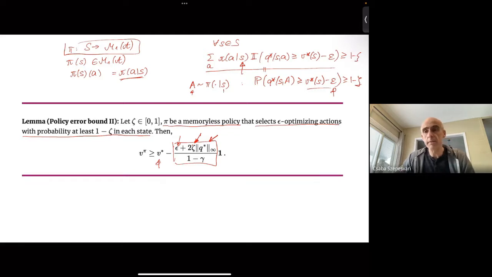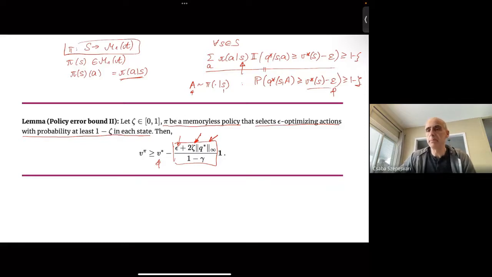And so when we think about this sample-based algorithm, we're going to have two types of errors to care about. One is this value error, the epsilon, and one is this zeta, which is that with some probability, we might be choosing actions which are outrageously bad.